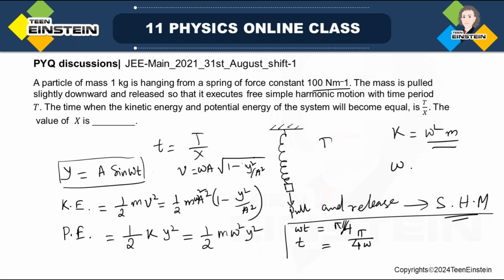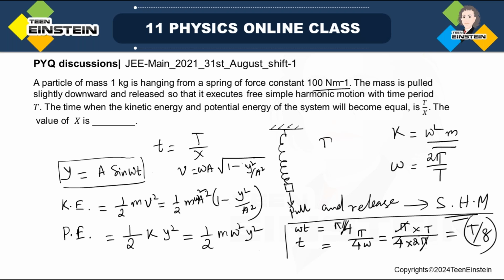Again, we know omega is equal to 2 pi by T. So pi by 4 into 2 pi by T. That T I can take in the numerator, this will cancel, so T by 8. Okay, dear students, look what I have done.